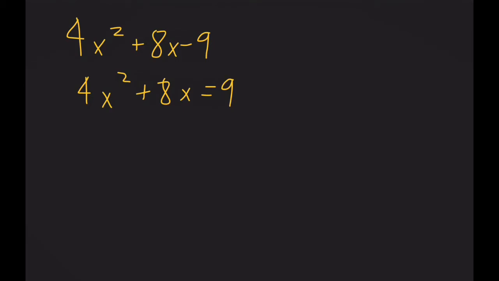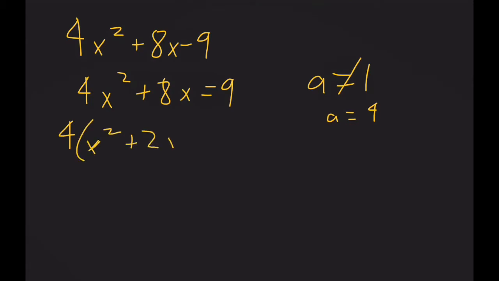But in this example, a does not equal 1. A equals 4. But luckily for us, 4 can simply be factored out of 4x squared plus 8x. So then it will be 4 times x squared plus 2x equals 9.